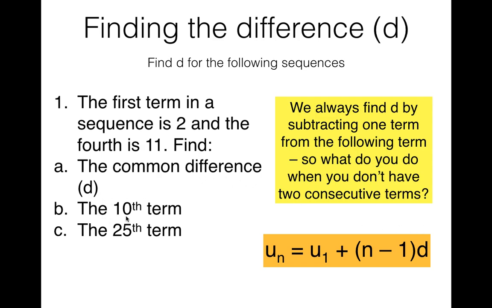The 10th term is going to be U10, and you'll need to know the common difference to be able to work that out. The 25th term is going to be U25. So pause the video here and see if you can substitute in values and find out what D is first, and then use that value of D to find the 10th term and the 25th term.